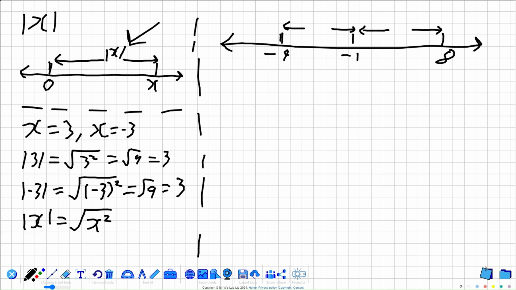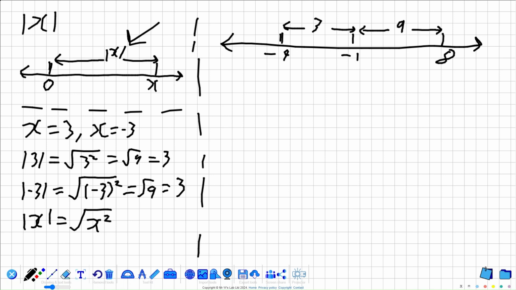This one's going to be 3, and that one's going to be a massive 9. So we can no longer represent this as a simple function, but what we do is convert it into an algebraic definition.